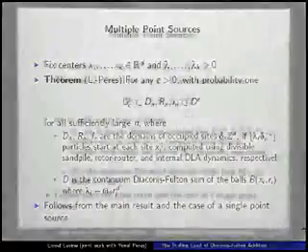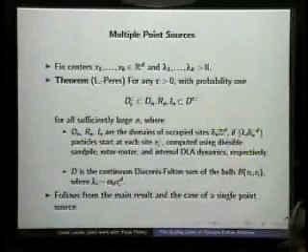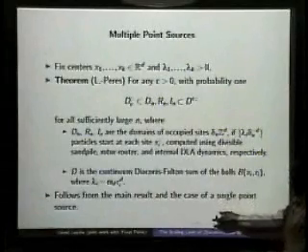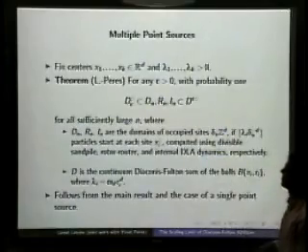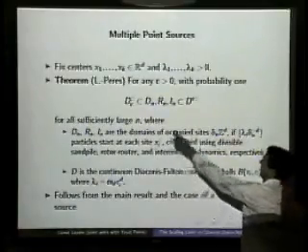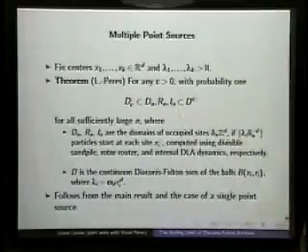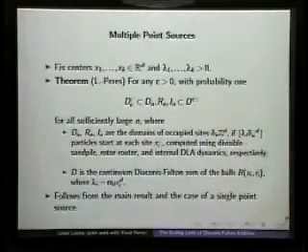When you take that Diaconis-Fulton sum, you'll get some domain D. So if you started with multiple point sources, you can squeeze your discrete lattice sets in between epsilon neighborhoods of this D. Once we prove the main result, this fact for multiple point sources follows from that and the case of a single point source.